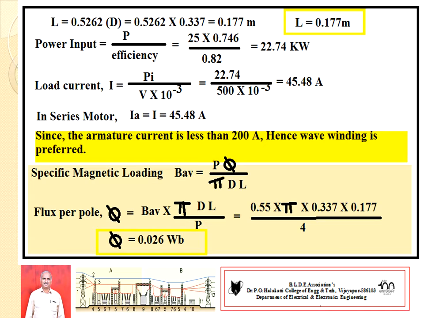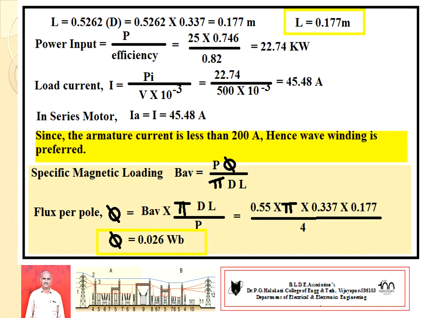After calculation of armature current, this value you can observe whether it is more than 200 ampere or less than 200 ampere. So now this value is less than 200 ampere, hence we can go for wave winding. Wave winding is preferred. If it is not satisfying, then we can go for lap winding.